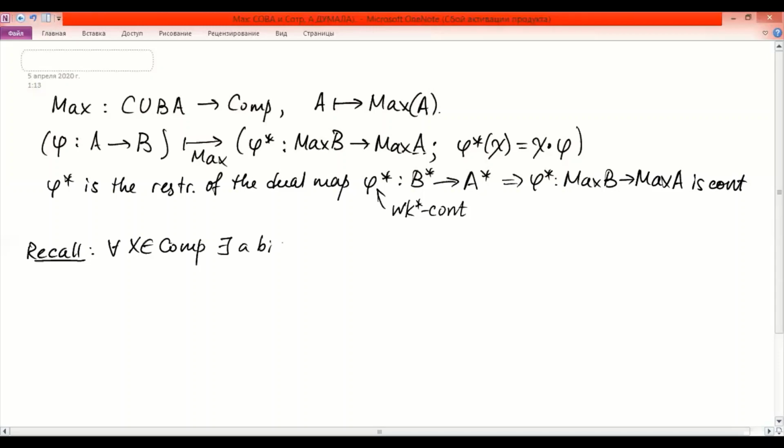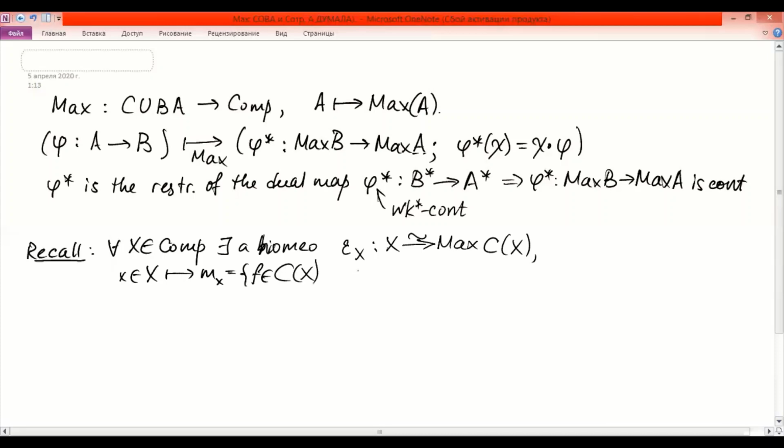Actually, not just a bijection, but a homomorphism, epsilon x, between X and the maximal spectrum of C of X. And this homomorphism takes each point little x in our space to the maximal ideal consisting of all functions on X vanishing at little x.